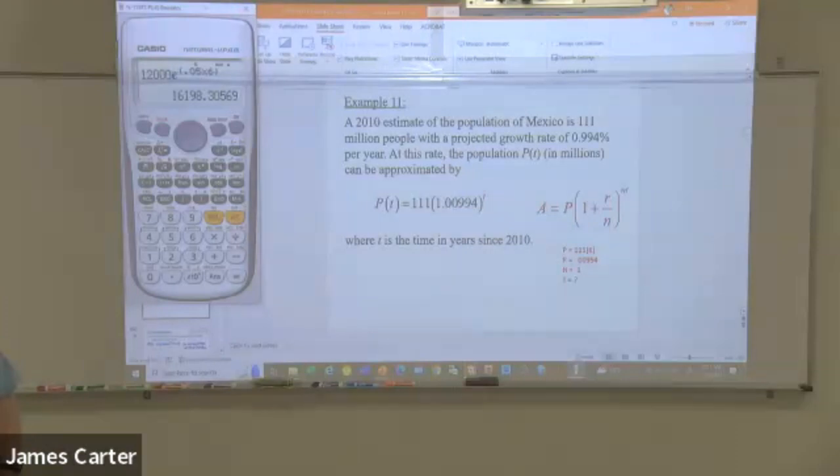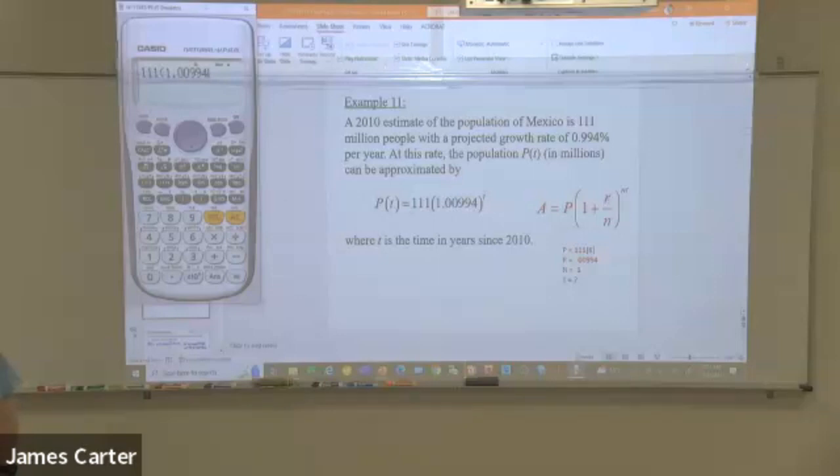So let's put this in here. 111 parentheses 1.00994. What they've done is they've added this 1 and the 0.00994 together.